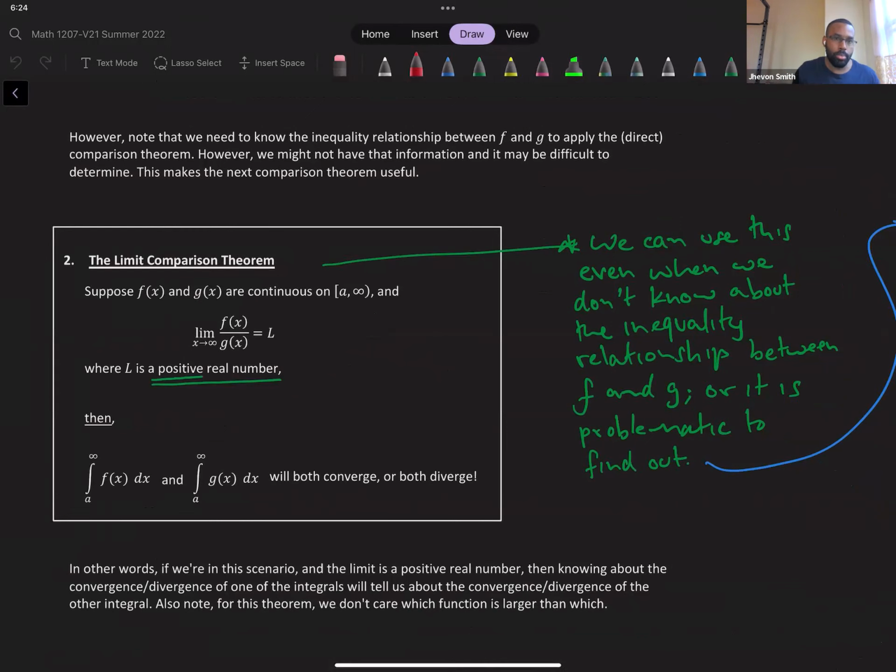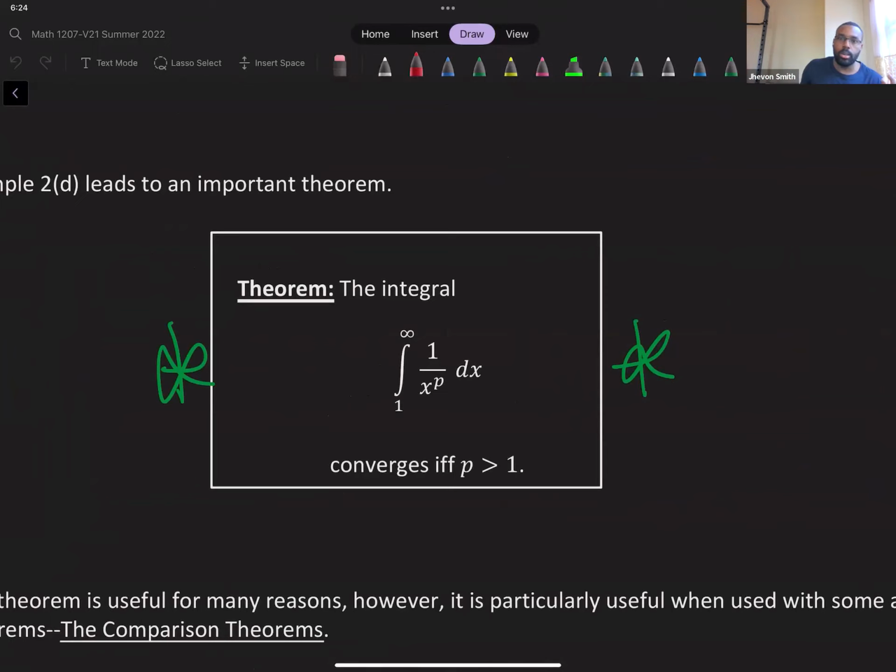In doing that, something that is often useful is this theorem that we spoke about, the integral from 1 to infinity of 1 over x to the p dx. This converges if and only if your p is strictly greater than 1. So if I'm integrating 1 to infinity of 1 over x to the 7, that converges. 1 to infinity of 1 over x to the e, that converges. 1 to infinity of 1 over x to the 1.1, that converges.